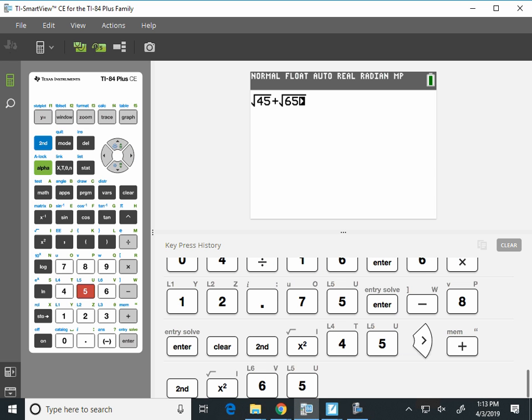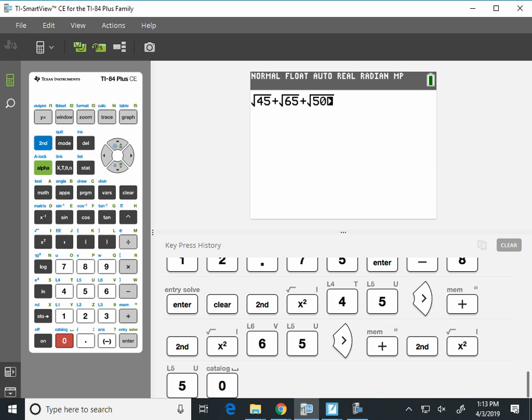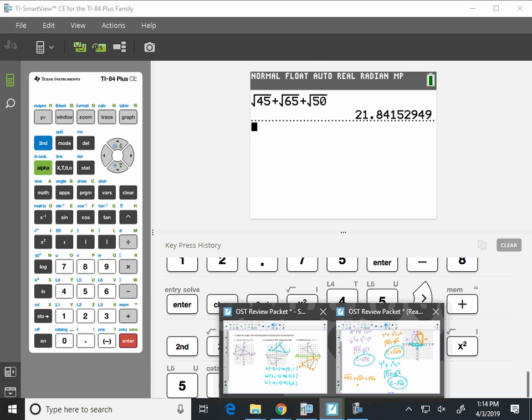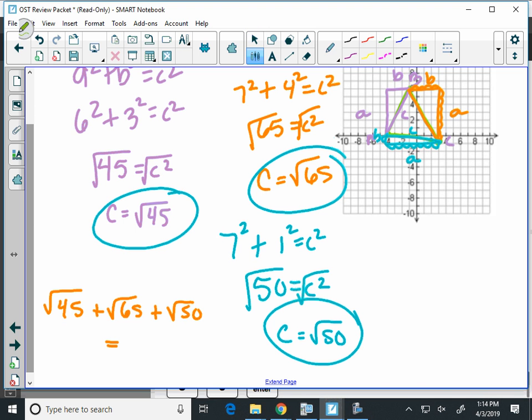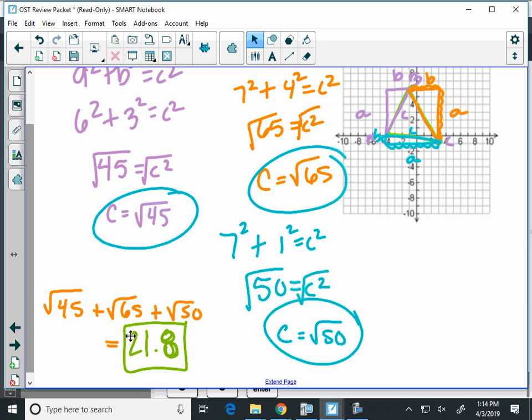Plus radical 65, arrow out, plus radical 50. Round to the nearest tenth. I don't think the direction specified. They were supposed to say round to the nearest tenth. So our answer is 21.8. There is the perimeter of that triangle.